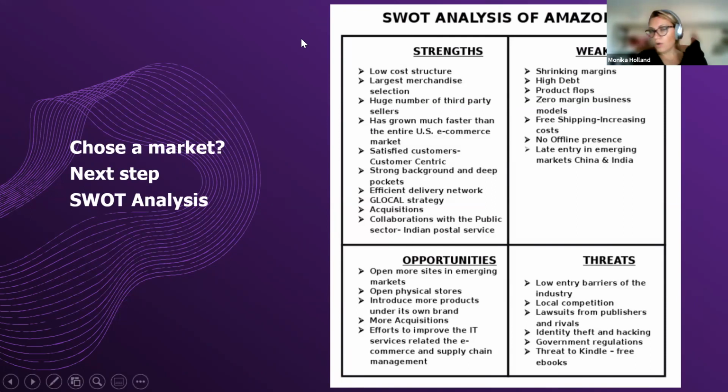We can write down all the strengths, weaknesses, opportunities, and threats in the market. This is a SWOT analysis of Amazon. Don't ask me how old this is because I don't know. I found it on the internet. But this is something that your business should do as well before entering the market, even for a local market.